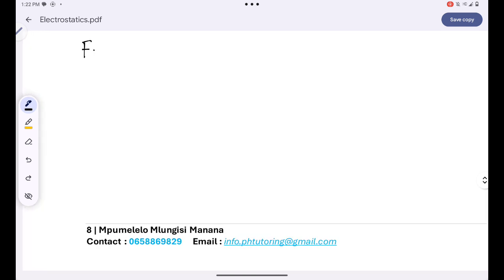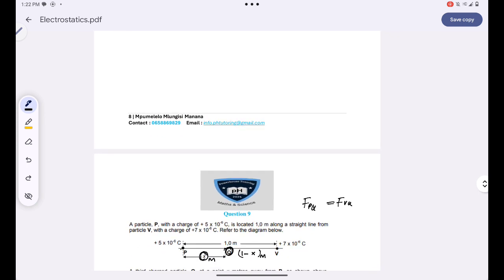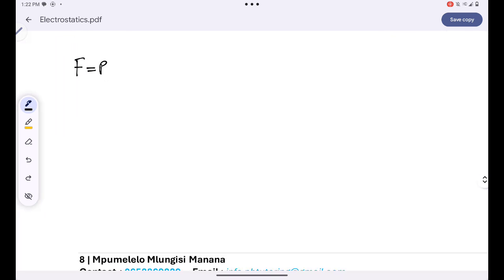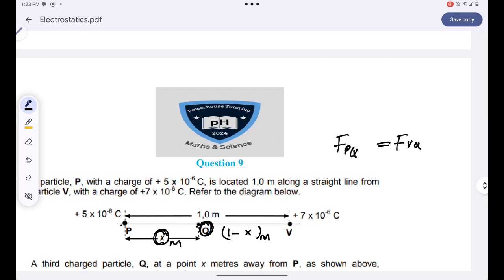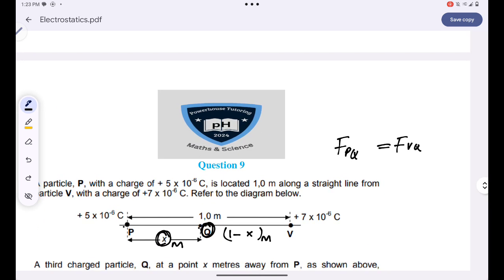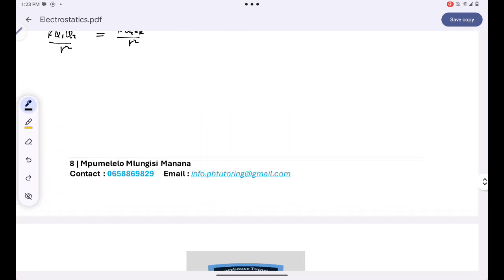So for us to calculate, the electrostatic force between P and Q is equal to the force between Q and V. That's kQ1Q2 over r squared being equal to kQ1Q2 over r squared. The magnitude of P is 5 times 10 to the negative 6.